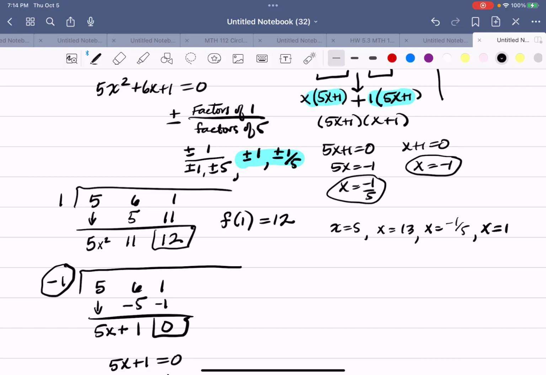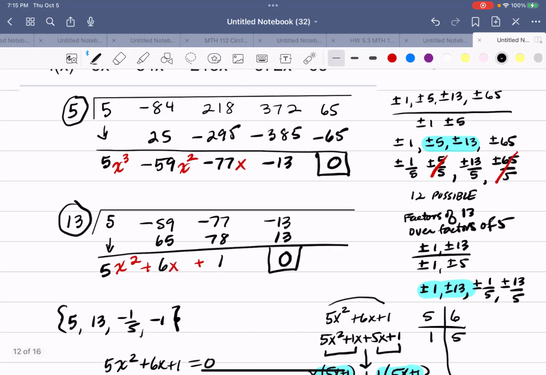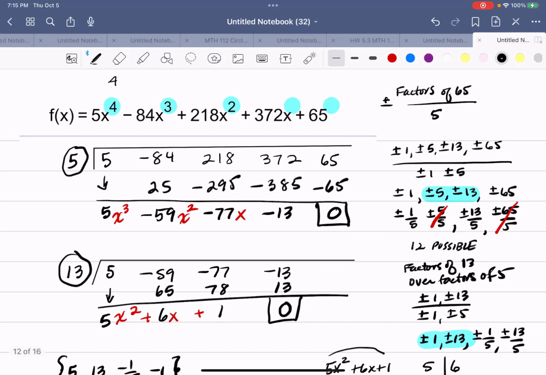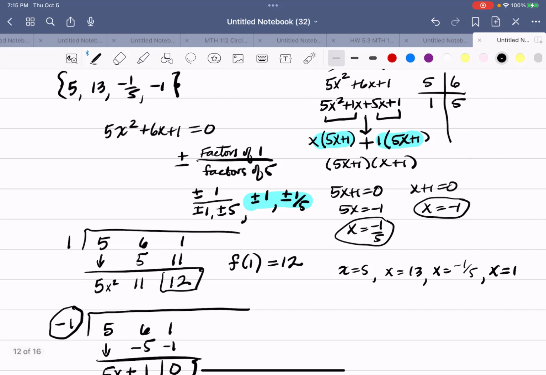Now I'm going to show you how this polynomial, the original one, would have factored. I'm going to move these to where they're equal to 0. So x minus 5 is 0, x minus 13 is 0, x plus 1/5 is 0, and x equals negative 1.